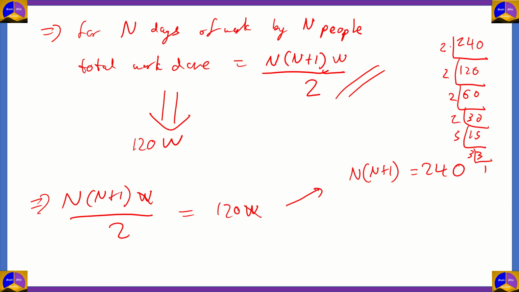So basically, you have 2 raised to 4 times 3 times 5. 3 times 5 gives you 15. 2 raised to 4 is 16. So as you can see, 15 times 16 gives you 240.